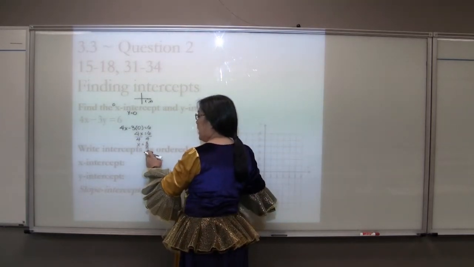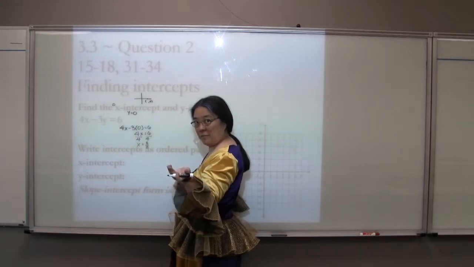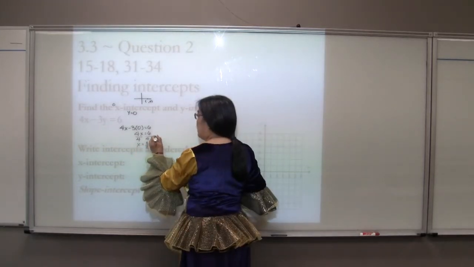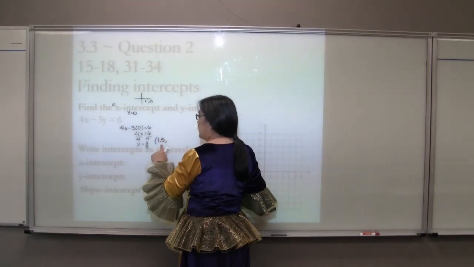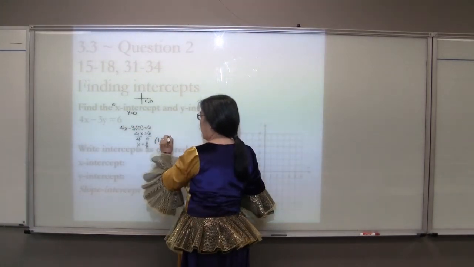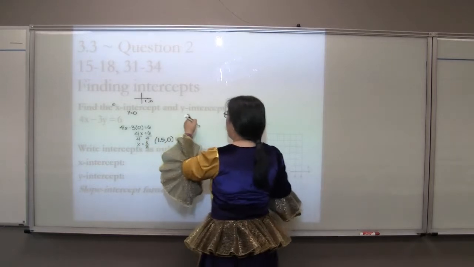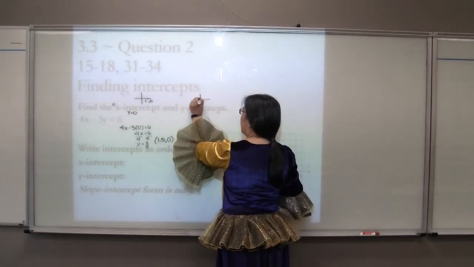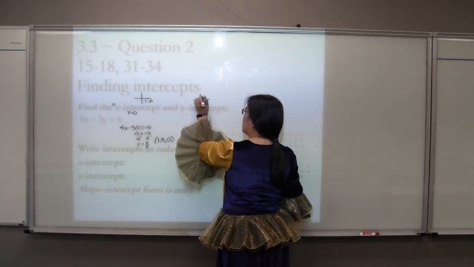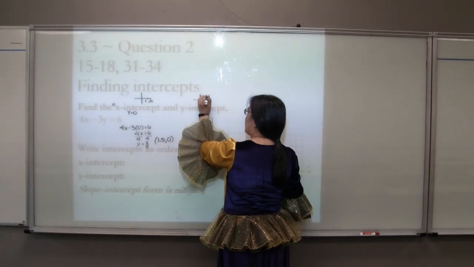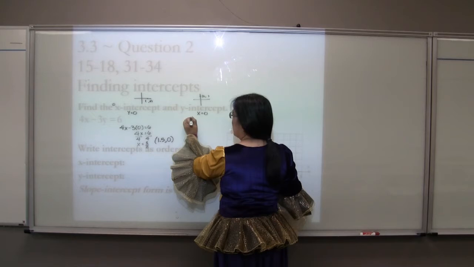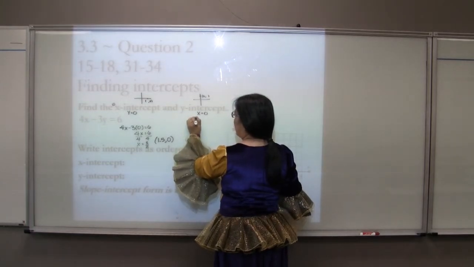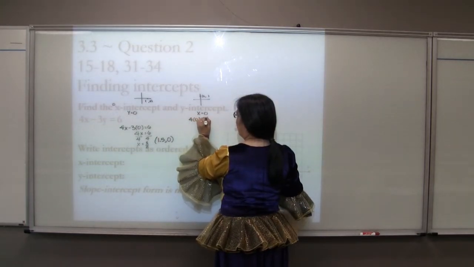Now, 3/2 might be confusing to graph, so you might want to make that into 1.5, which is the equivalent decimal. And then y would equal 0. For the y-intercept, something on the y-axis, x would have to equal 0. So x is equal to 0. We're going to take the same equation and make x equal to 0.